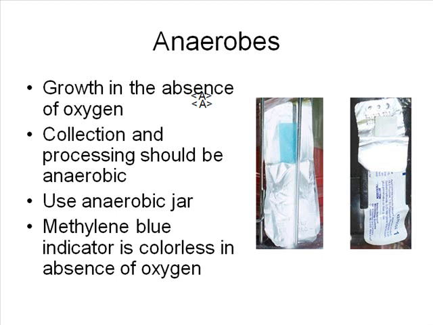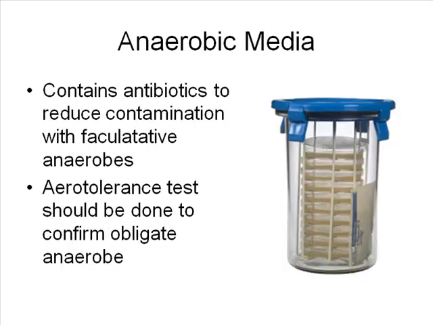That is what is on the strip here. Methylene blue is blue in oxygen, and it is colorless without oxygen. That might be a question they ask: what is the indicator, or what color should the indicator be? Or they might give you an indicator color, and then you have to troubleshoot.